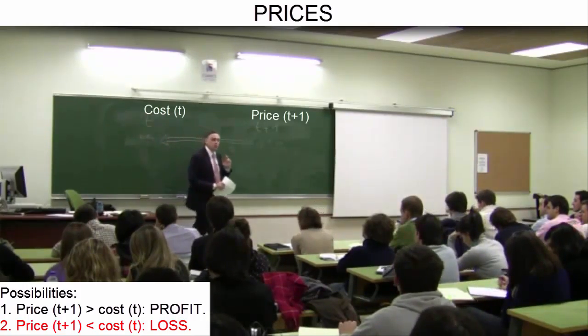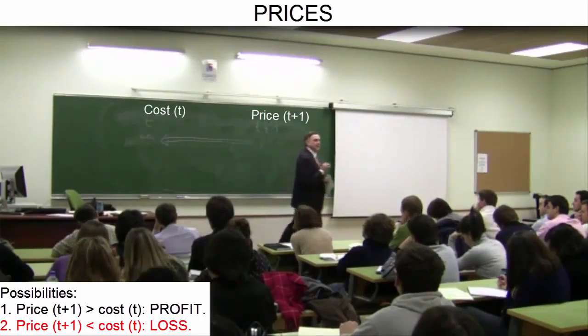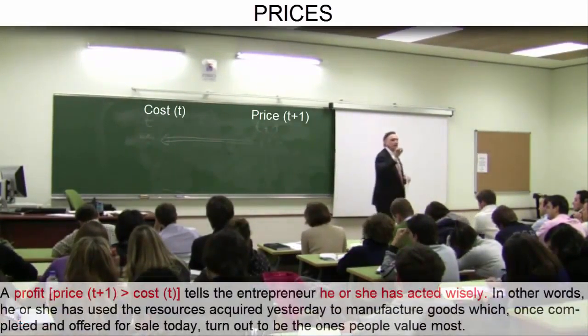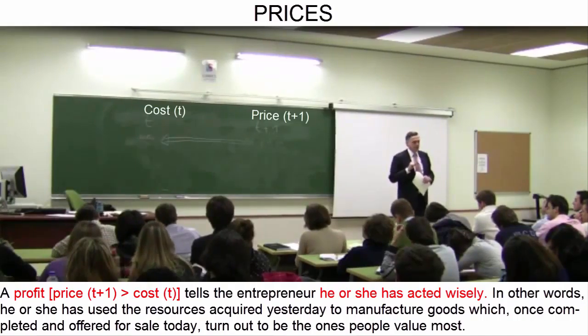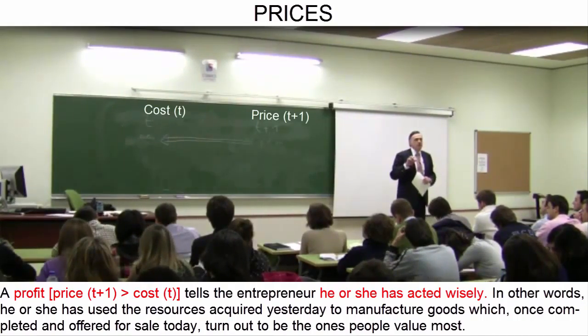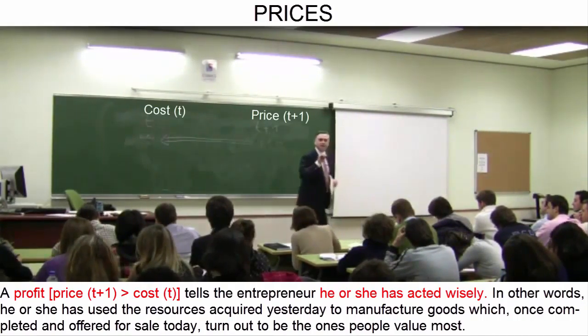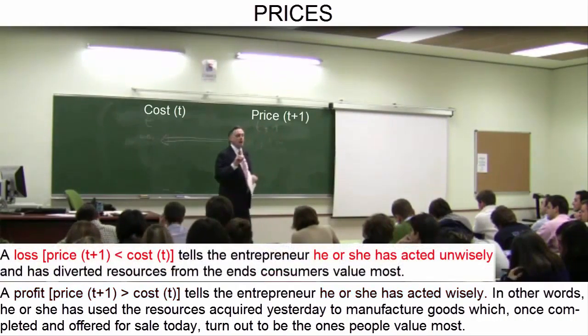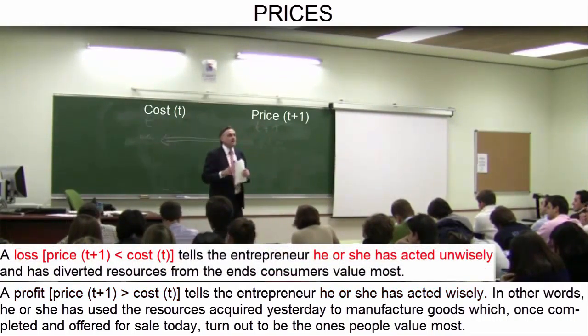In terms of economic calculation, an entrepreneurial profit is a sign that indicates an entrepreneur has acted wisely. Meanwhile, a loss is a sign that tells the entrepreneur he or she has acted unwisely. In what sense?